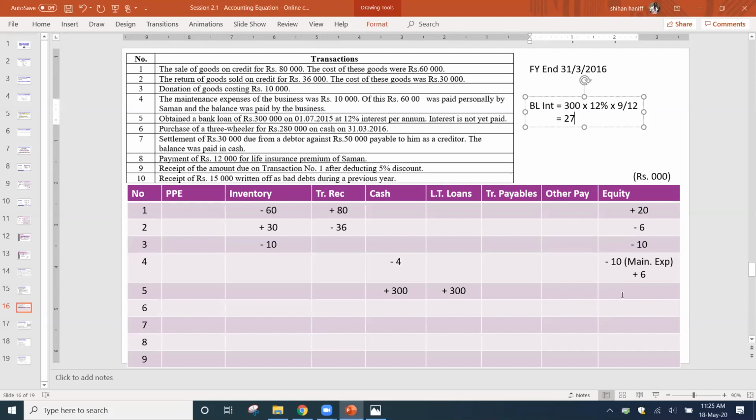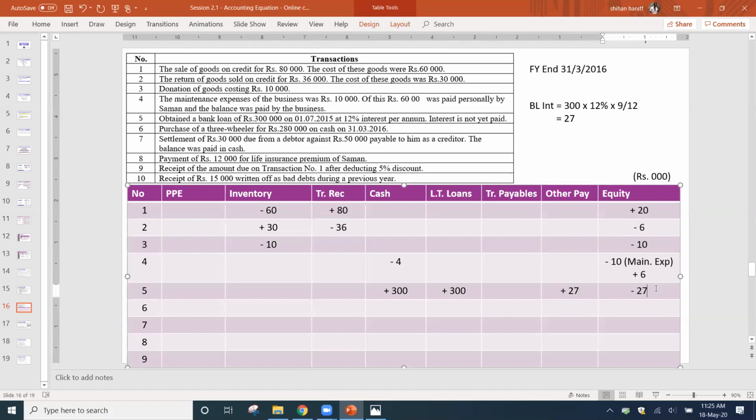So that is an expense. Equity will reduce by 27, and it is also payable. Other payable will increase by 27. Equity will decrease because it is expense. Interest.